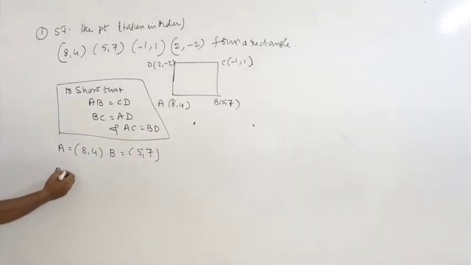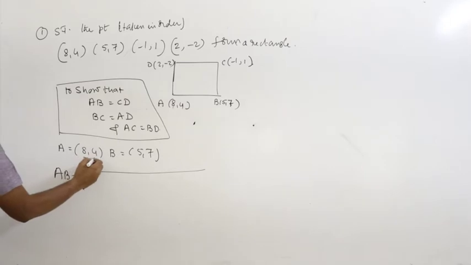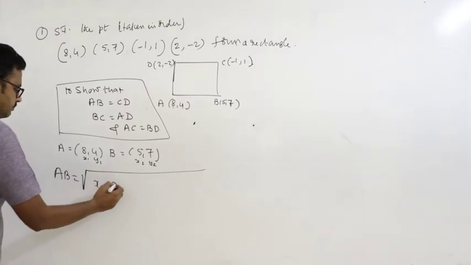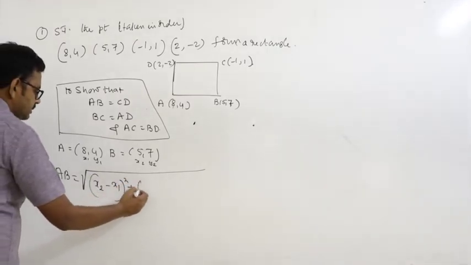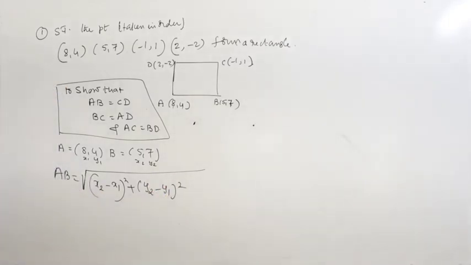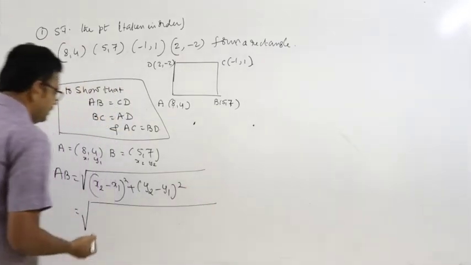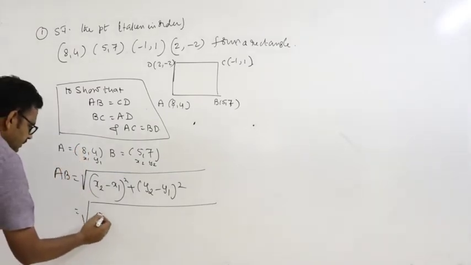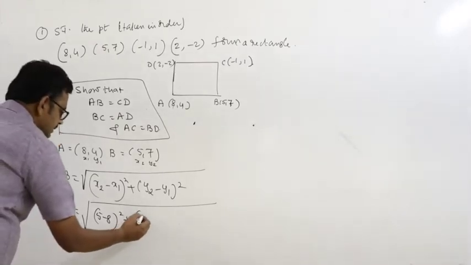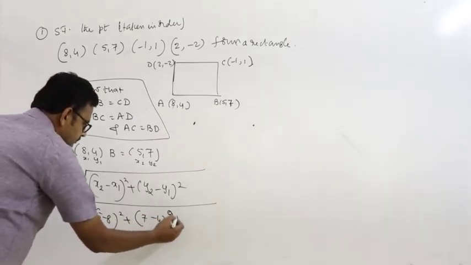Now AB distance formula: square root of (x2 − x1) whole square plus (y2 − y1) whole square.